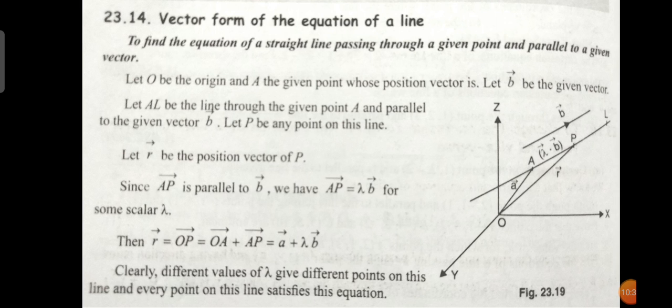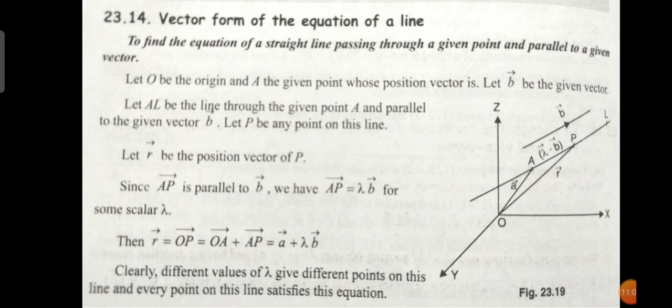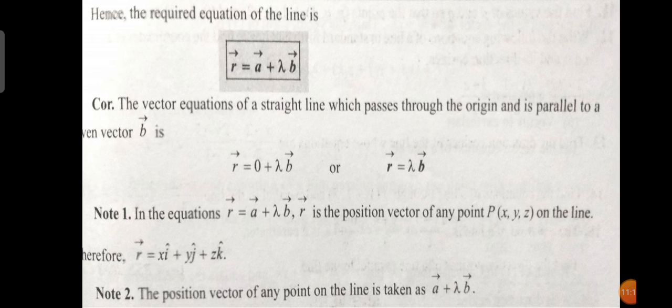For different values of lambda, which is a scalar, we get different points on this line, and every point on this line satisfies this equation. So the required equation of the line is vector r equals vector a plus lambda vector b. This is the equation for a line passing through a given point and parallel to a given vector.